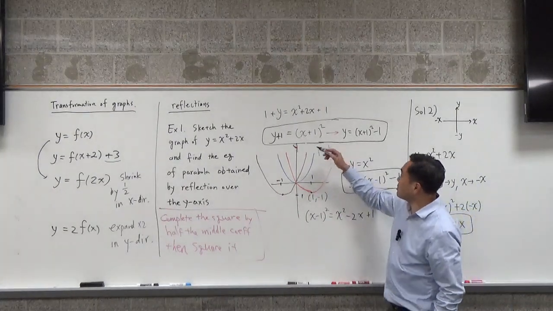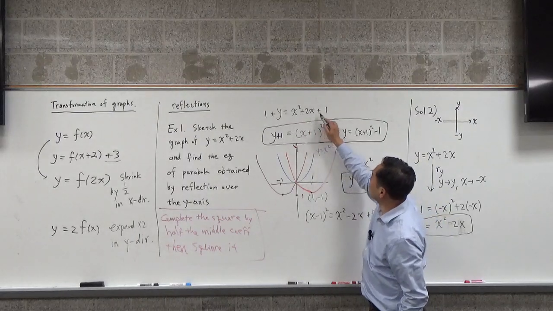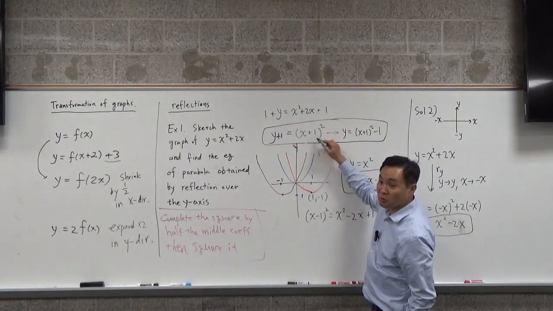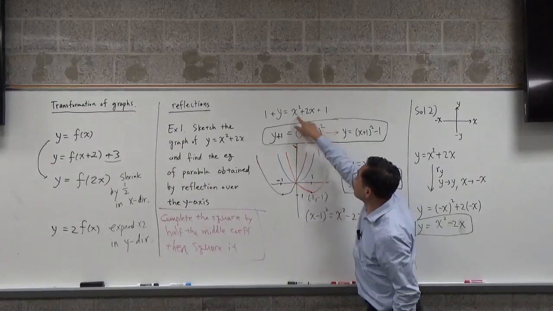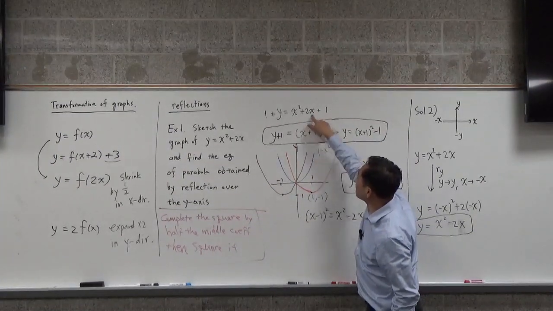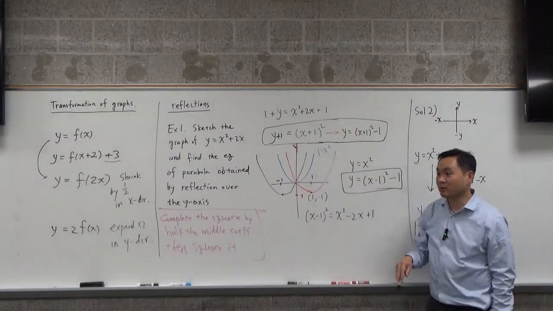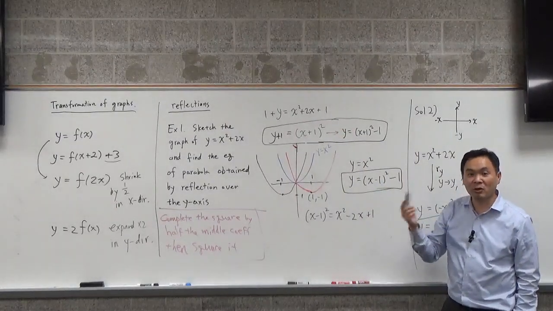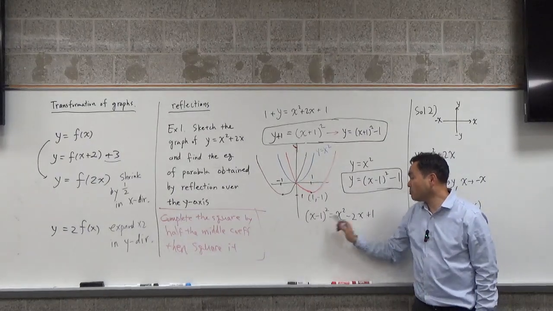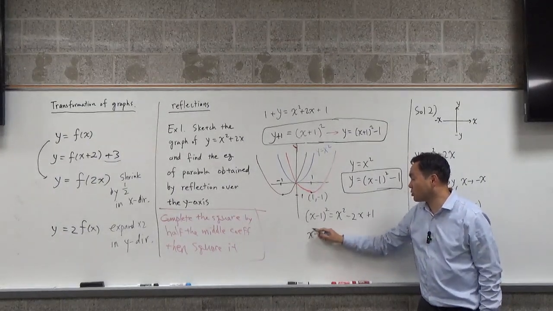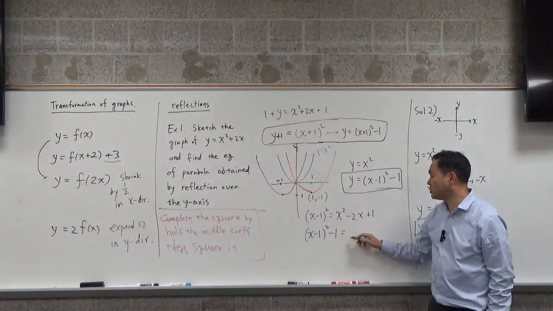Just like how we did here. X squared plus 2x plus 1 is the same as x plus 1 squared, right? Double the x squared is here, 1 squared is here. You double the product, you get that. Okay. Just always remember double the product. And because of this, what is x minus 1 squared minus 1?